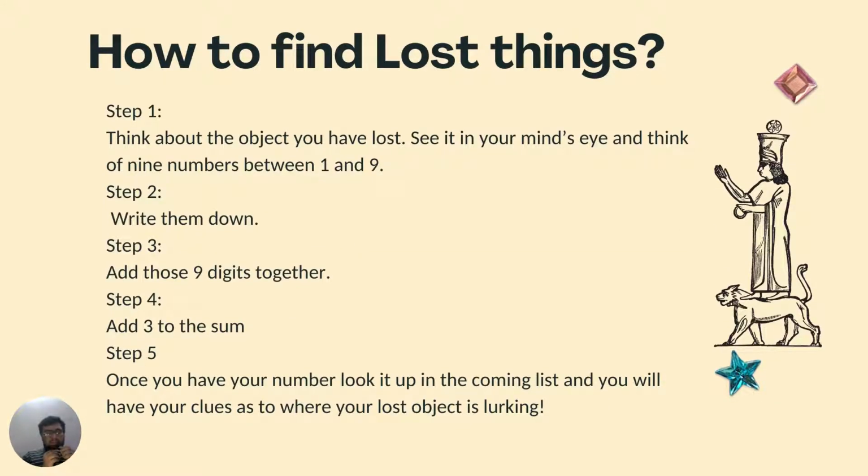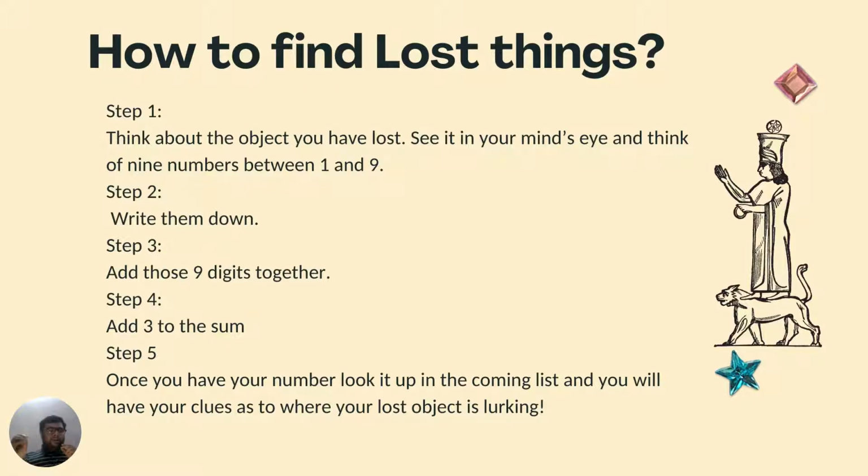So the process is that in front of you there are 5 steps, and you have to follow these 5 steps in order to find any lost things. So the first step is you have to think of that object which you have lost. Like if you have lost your keys, so just think of your keys.